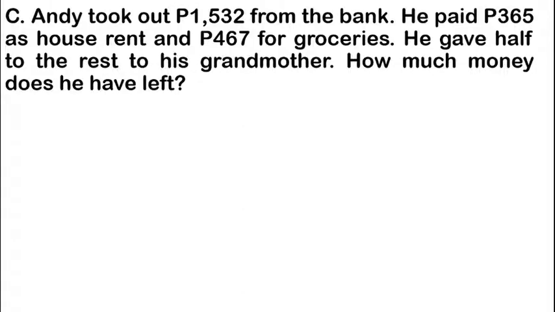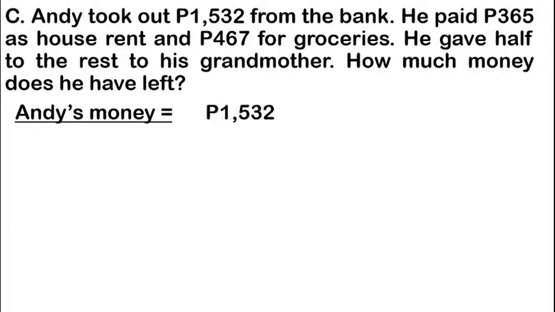So this one, we can do solution by chunk. We will do the statements one by one. So the first, this money is 1,532. He paid 365 as house rent.